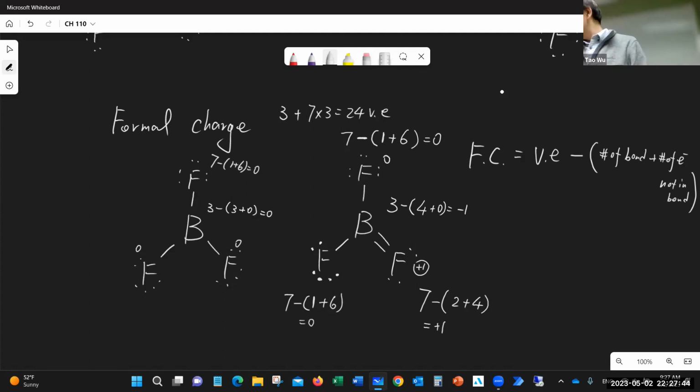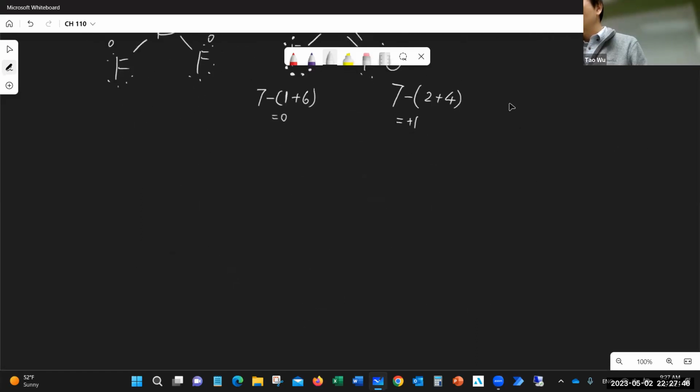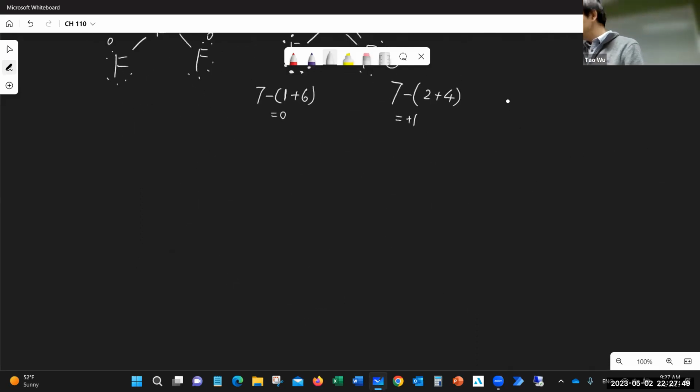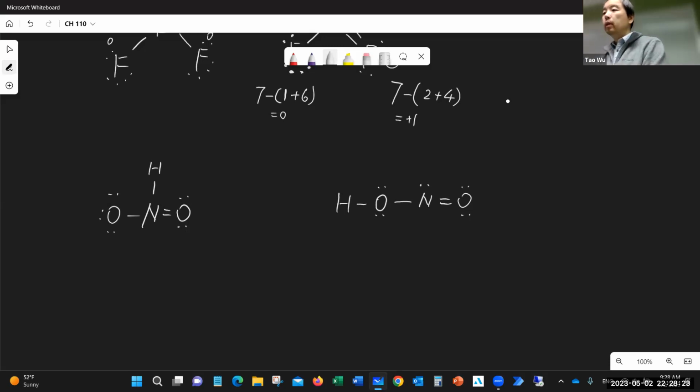Okay, so let's go review for this question. Here we have two different formulas. Based on the formal charge, we can figure out which one is correct.